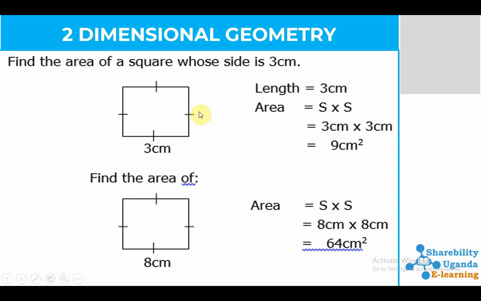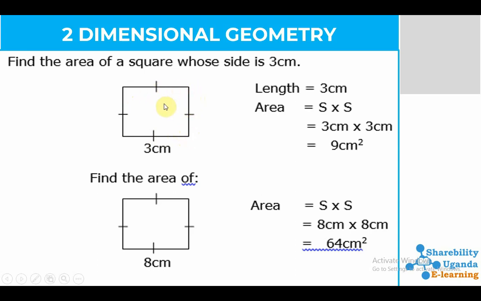So when they tell you to find the area of the square, here they have given you the distances of these sides. They say from here up to here is the same as from here up to here, and from here up to here, then from here up to here.